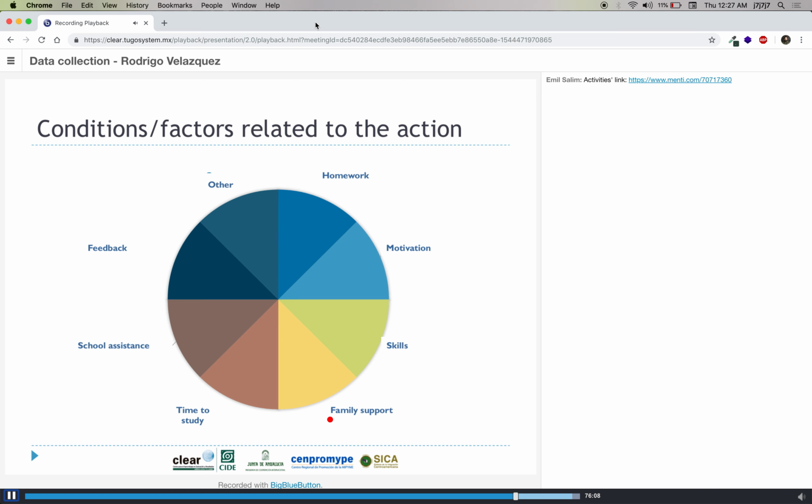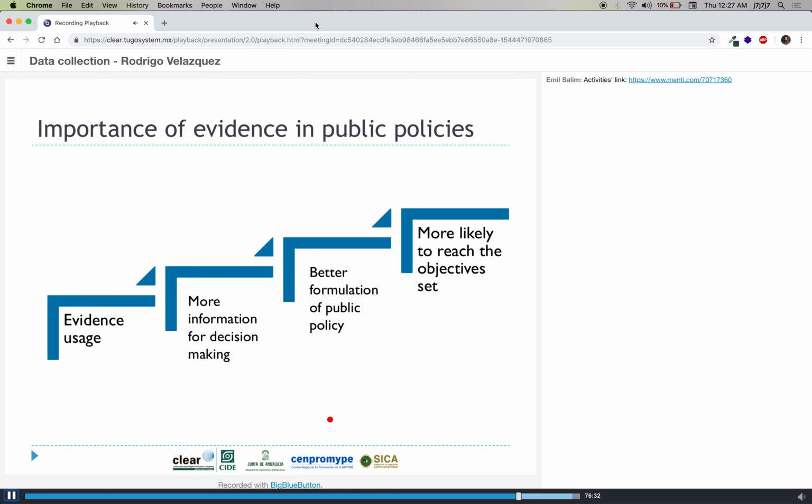And in order to summarize or to recap, in this slide, it says that the usage of evidence provides more information for decision makers. And in this case, we can have a better formulation of the public policy in its different stages, as we have seen. And this also helps us to reach the set objectives.